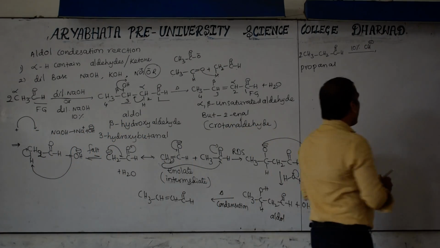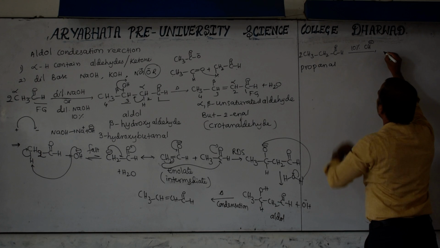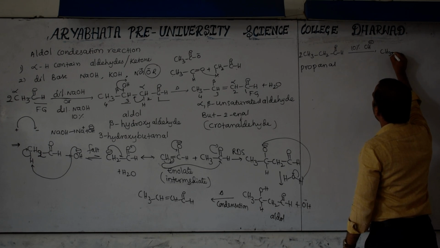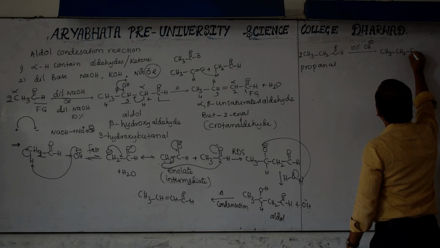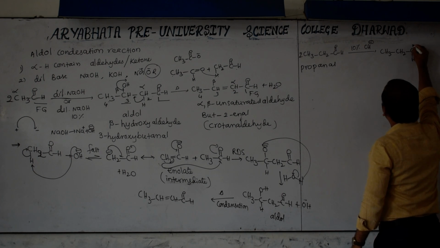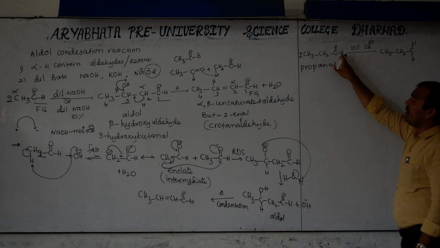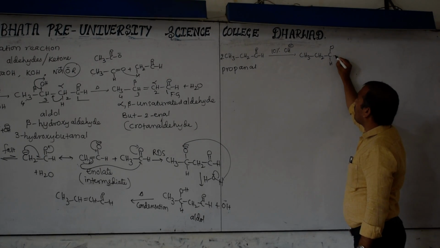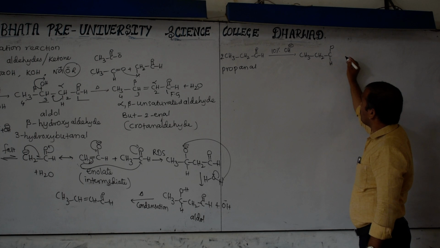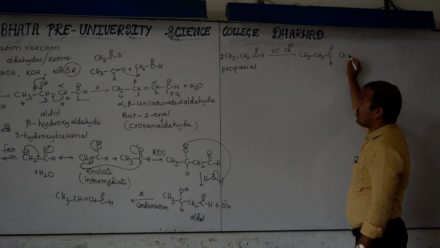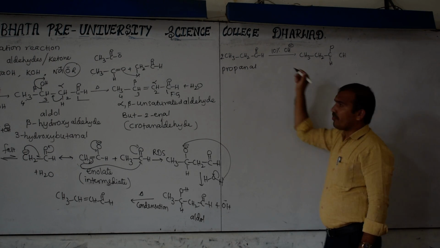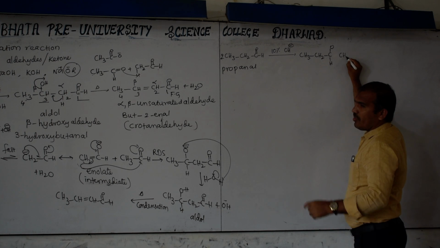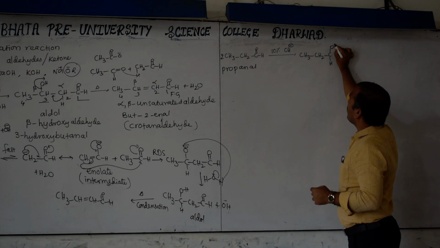Same thing I am doing here. Carefully, the first molecule I am writing here is CH3CH2CHO. Now one more molecule I am taking here. Carefully observe. I will write H2 here and I will write H here.